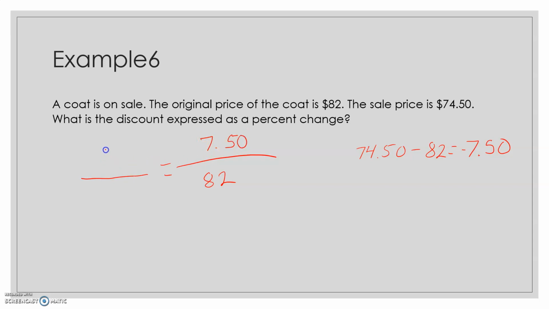And then, as always, percent over 100 over here. In this case, we don't know the percent. It wants to know, what is that percent change? And so we write that as our variable on that side. And then we solve. So we cross multiply. 82 times x is 82x. 100 times 7.50 gives us 750. We move our decimal place 2 places to the right. And then we solve, so we divide by 82 on both sides.